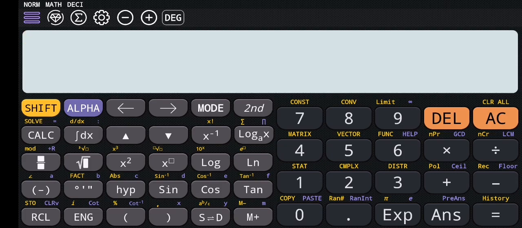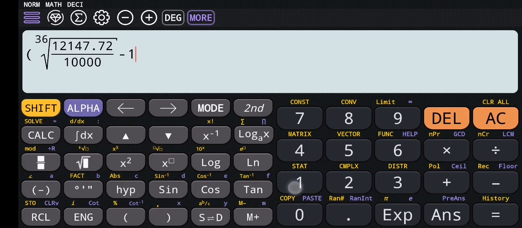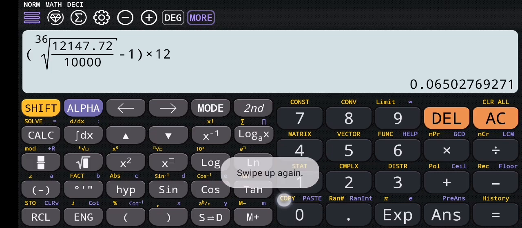It is, in brackets, the 36th root of 12,147.72 divided by 10,000, then minus 1, all of that multiplied by 12, that is 0.065.